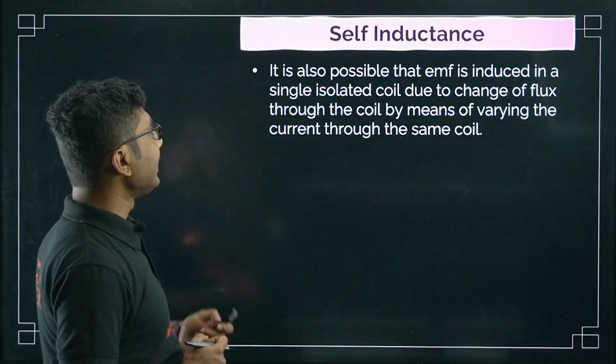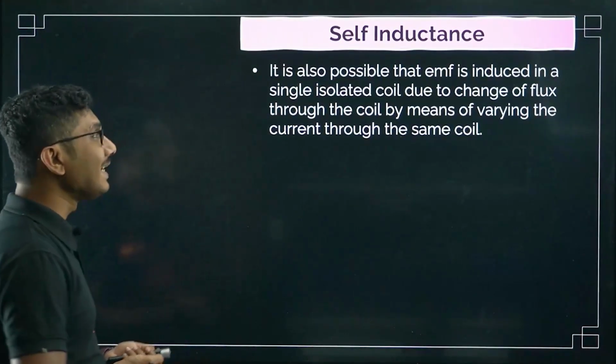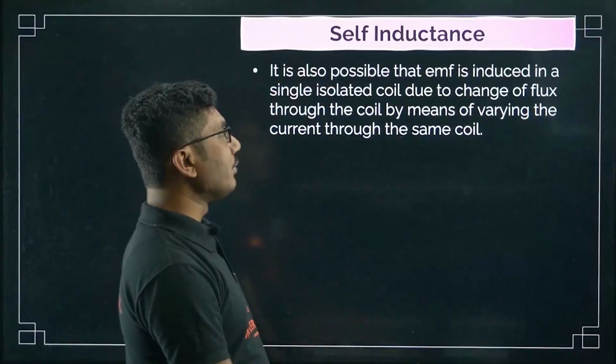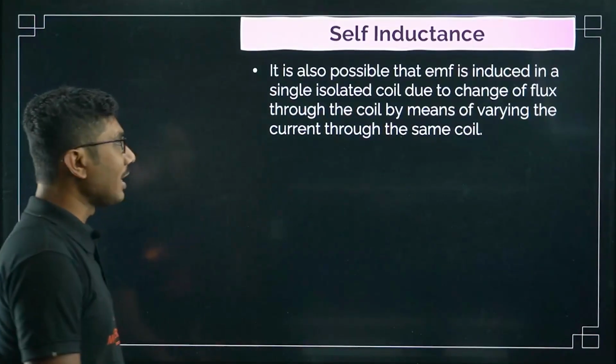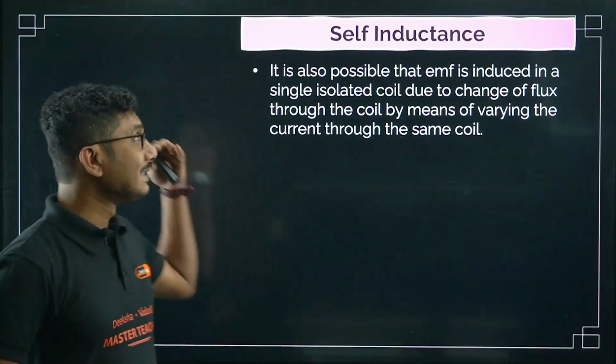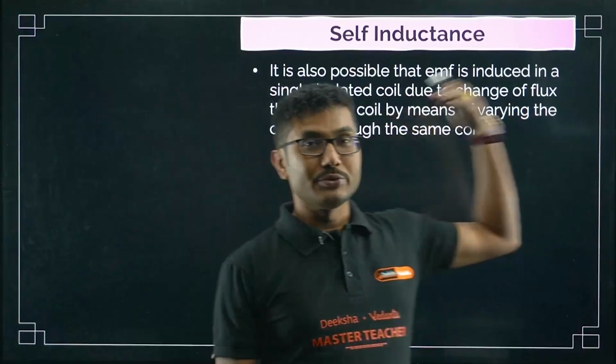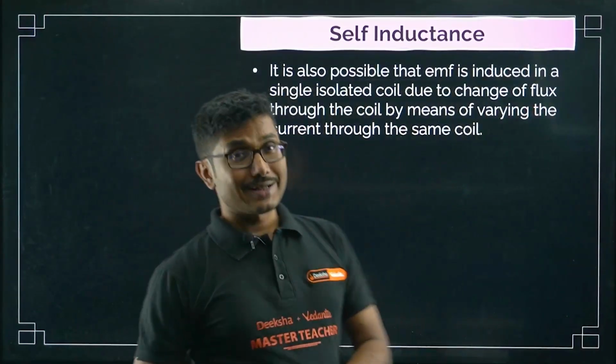Right, now self inductance. It is also possible that an EMF is induced in a single isolated coil due to change of flux through the coil by varying the current through the same coil. This is a very important thing. This is the same self inductance that we are going to use in the next chapter, that is alternating current.